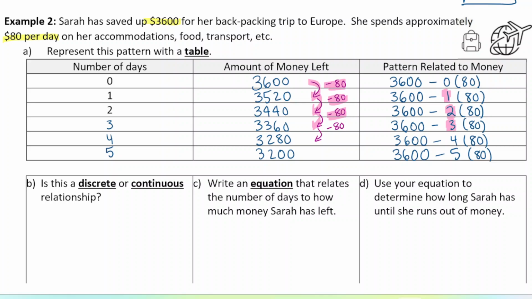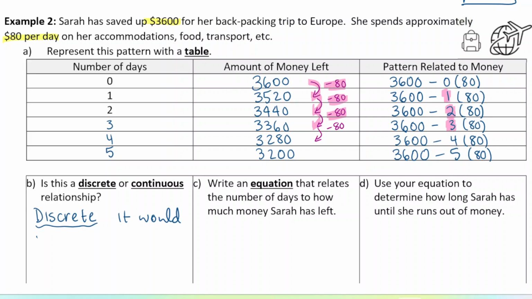Okay, this is a discrete relationship. It doesn't really make sense to divide. It would not make sense to say like 1.2 days, because she's probably spending, for example, on her accommodations, she's spending that each day, not for each minute that she's staying at the hotel.